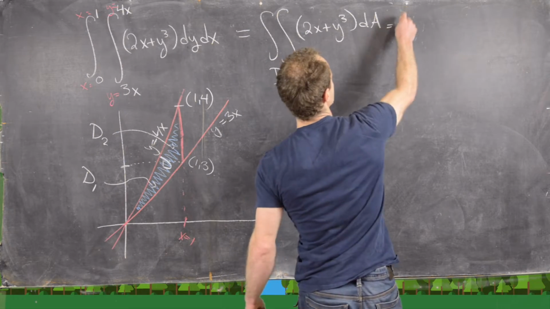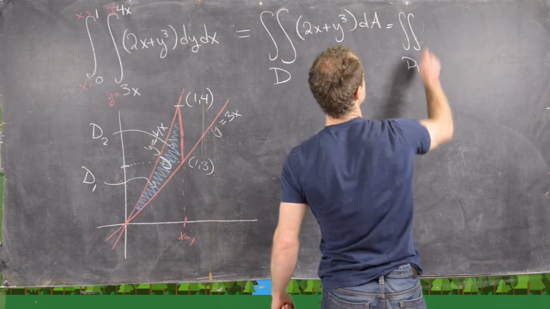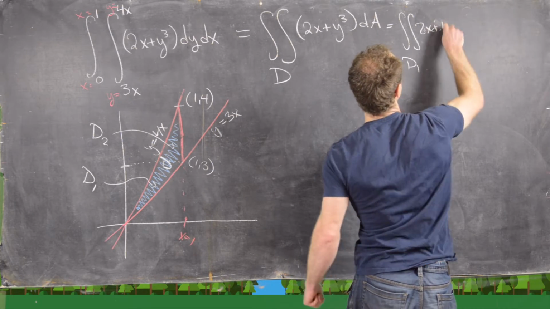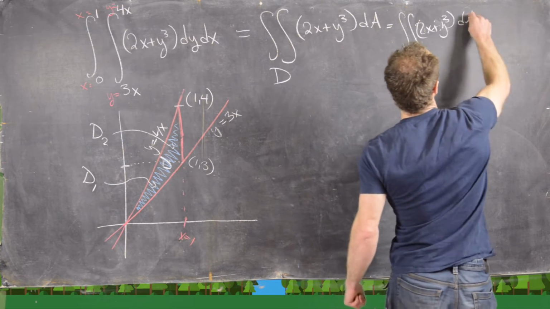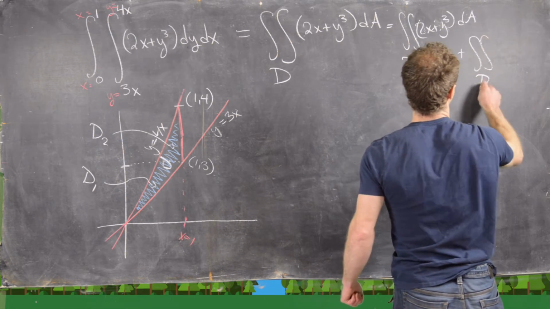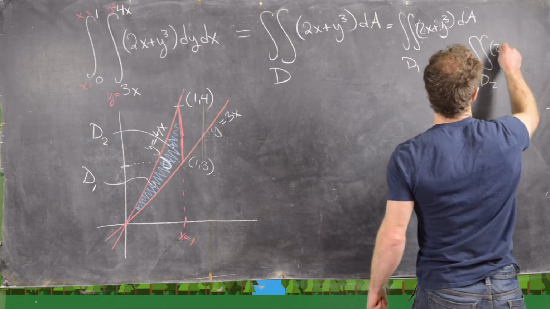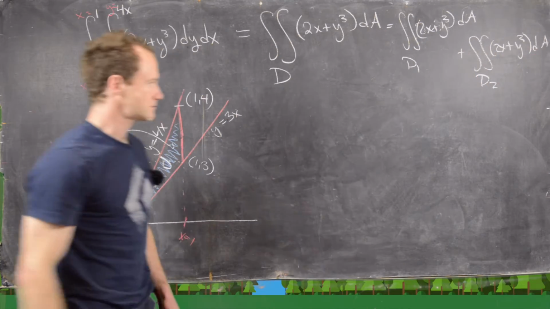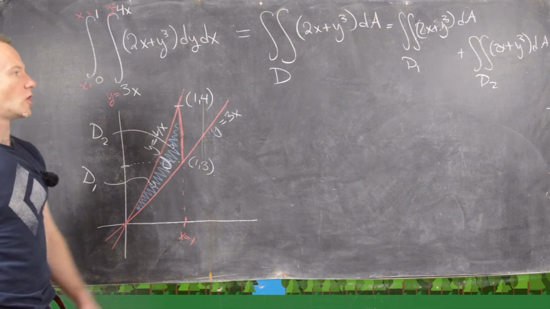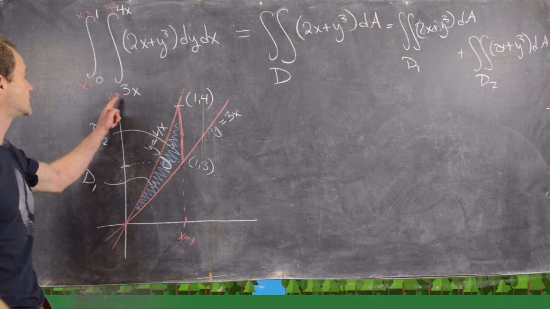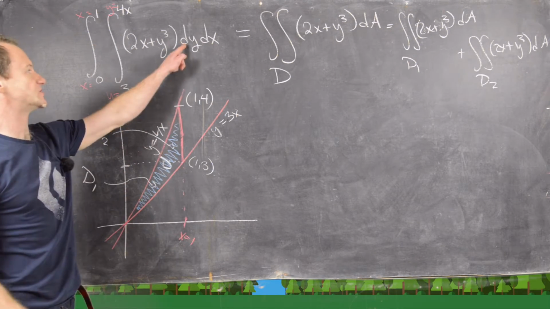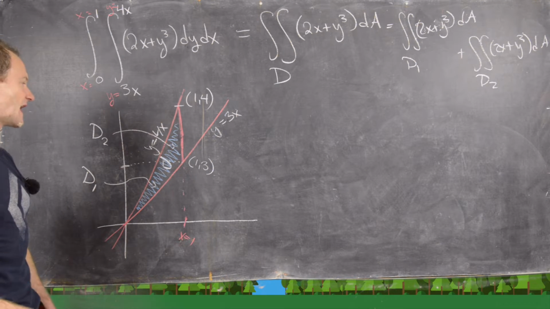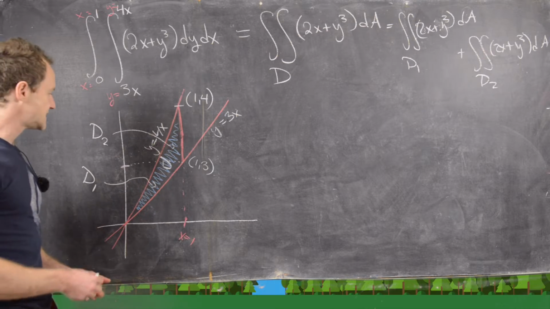But now we can write this as the double integral over D1 of 2x plus y cubed dA plus the double integral over D2 of 2x plus y cubed dA. Okay, great. And now our goal is to express each of those where the order has been switched. In other words, the x integral is on the inside and the y integral is on the outside. Okay, let's see if we can do that.